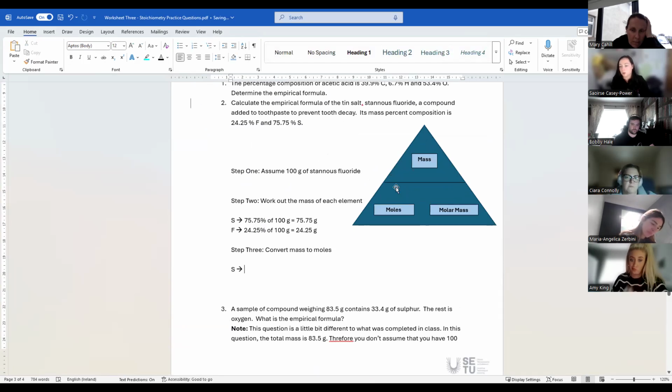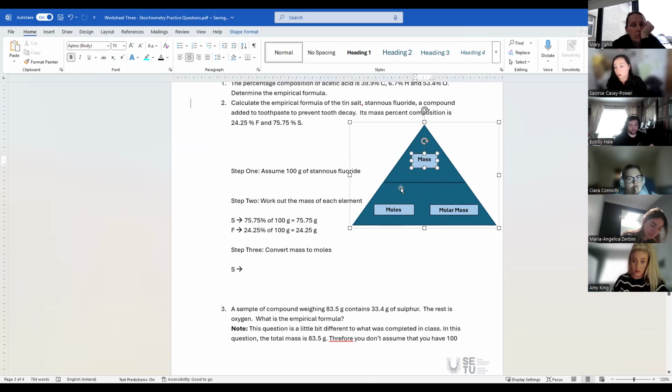So this triangle we use typically just to simplify what we have to do to convert mass to moles and moles to mass. In this case, I'm going to cover what I'm trying to calculate. I'm trying to calculate moles here. So if I cover that, it tells me to divide the mass by the molar mass of each of these elements.